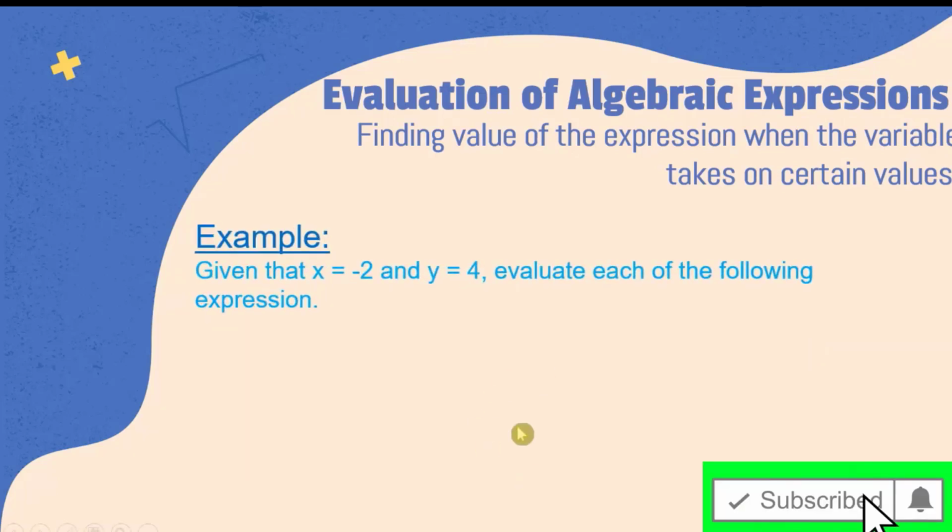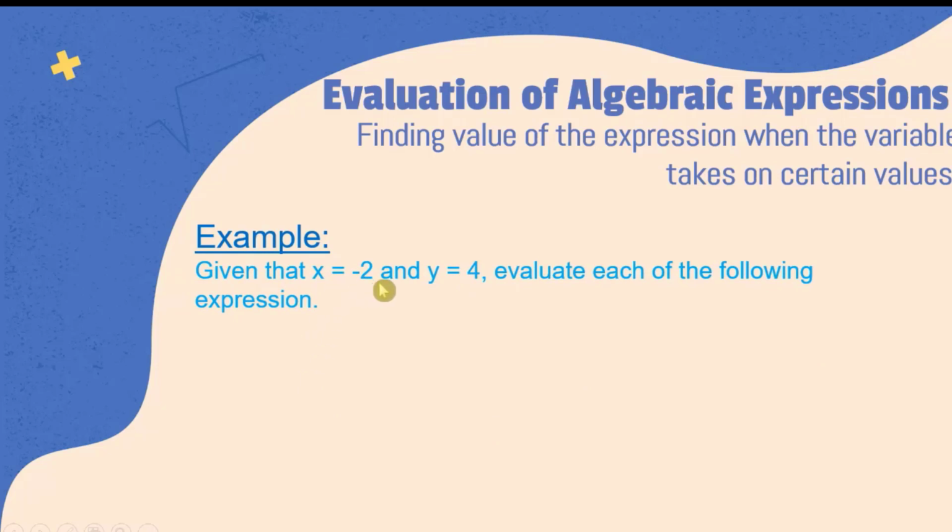Given that x equals minus 2 and y equals 4, evaluate each of the following expressions. A part, 5y minus 4x. Now what you have to do is put the values of y and x from the given question.